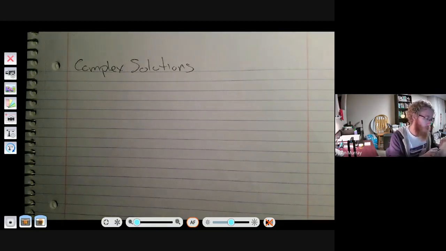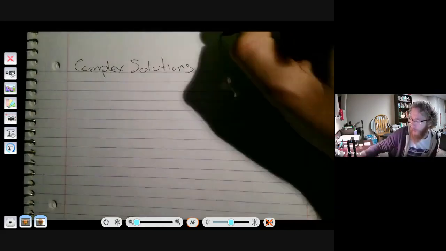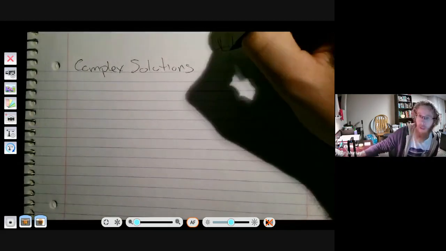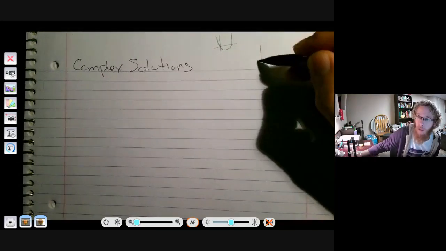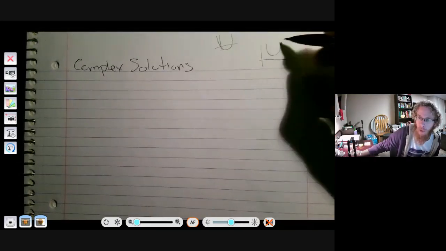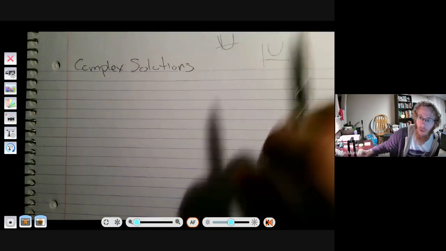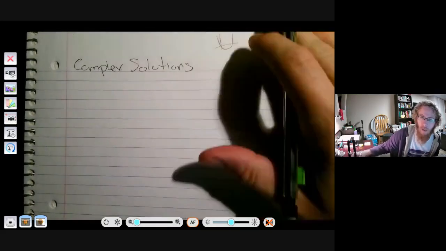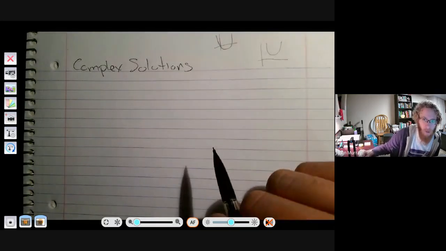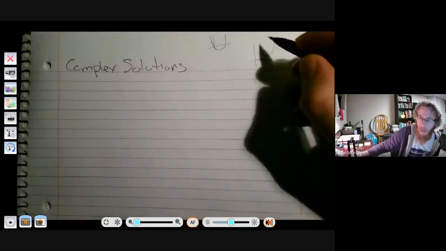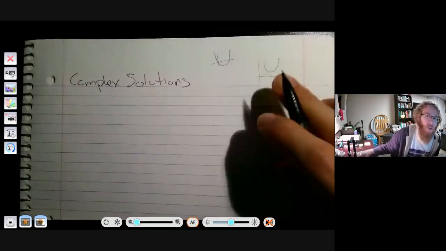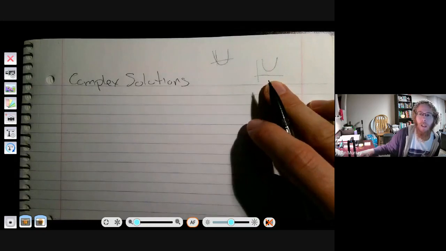Now, those solutions may be real. If they're real, they cross the x-axis. But our parabolas don't always cross the x-axis. Sometimes, they're floating in one quadrant. They're either all above or all below the x-axis. When we have this, we still have solutions.